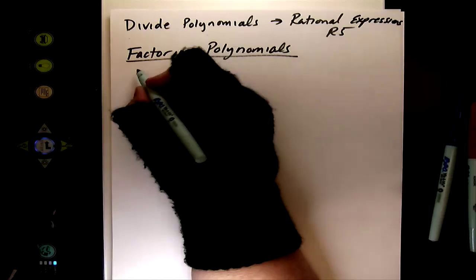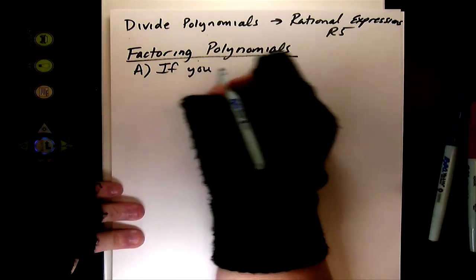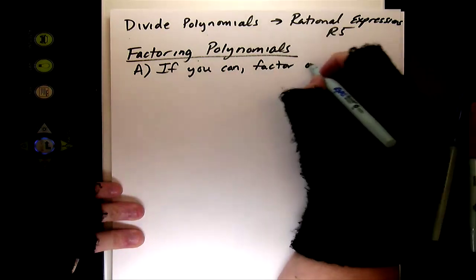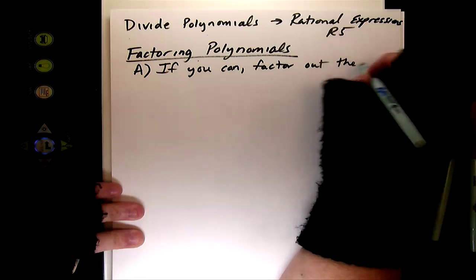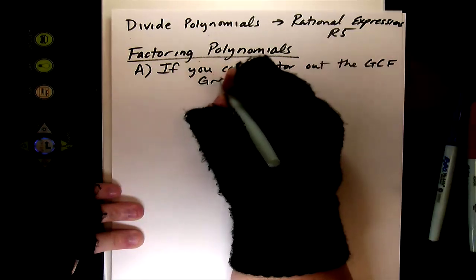Rules of the game. If you can, factor out the GCF first. And GCF is greatest common factor.